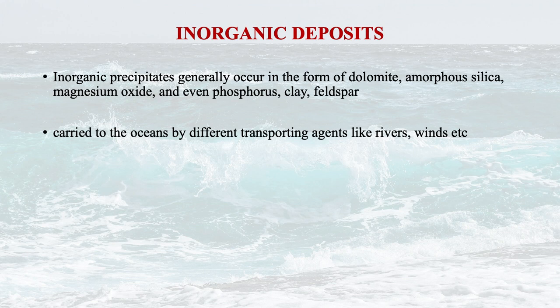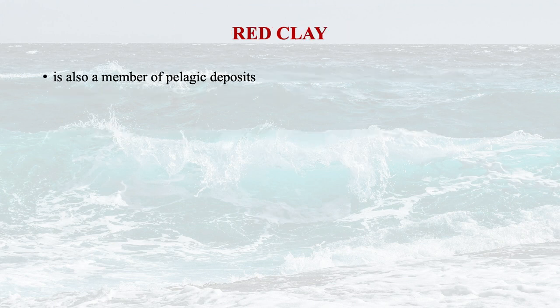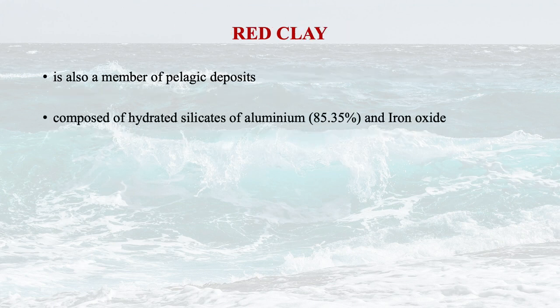Now coming on to red clay, it is also regarded as a member of pelagic deposits. It is composed of hydrated silicates of aluminium, of the order of about 85.35%, and also contains iron oxide.